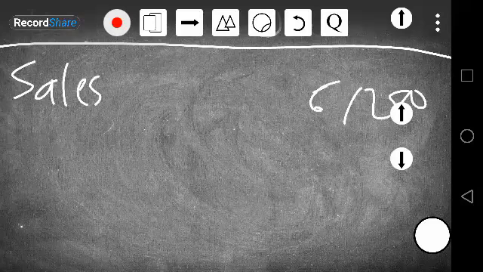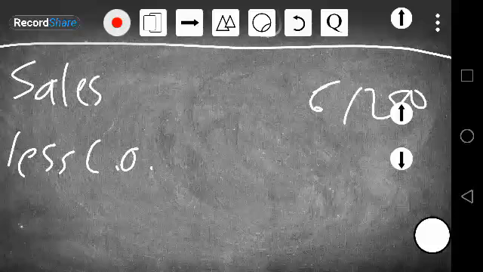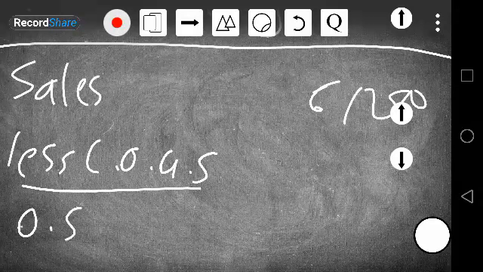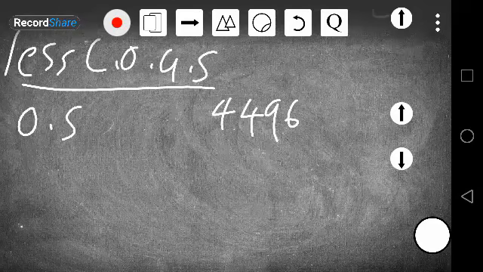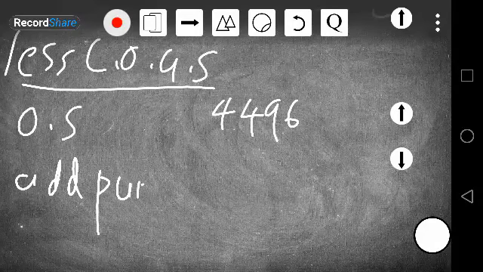Then we list cost of goods sold. We have opening stock, which is 4,496. We add purchases, and our purchases were 39,666.